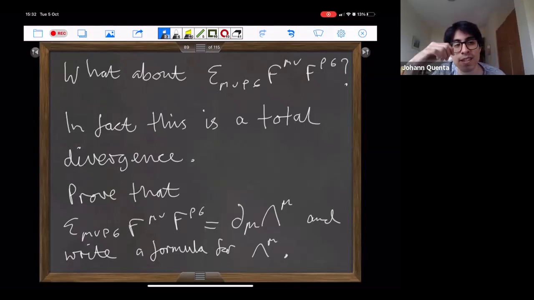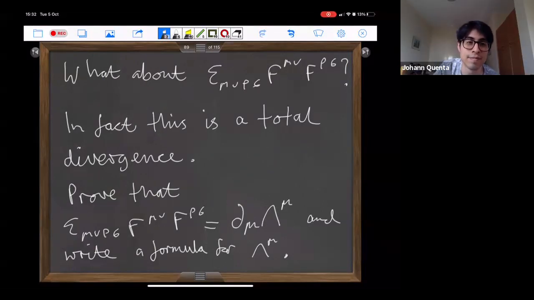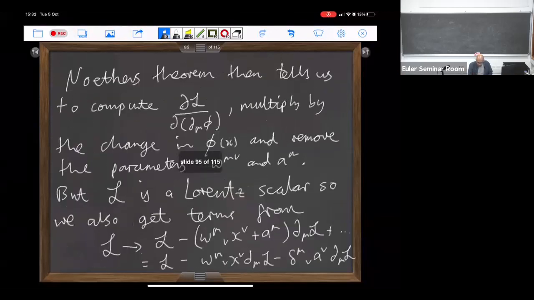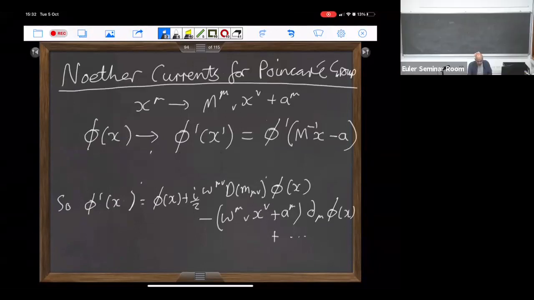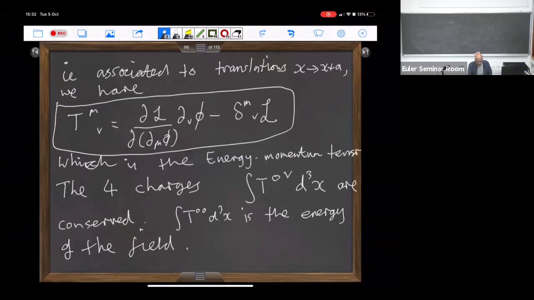Professor, again about the book, for the previous part when we were talking about the Klein-Gordon equation and the Poincaré group, I don't think that's in Landau, right? No, it's not. I will get you another reference for that. But in the next lecture we're going to actually go through the Noether currents for the Poincaré group and all the formulae.